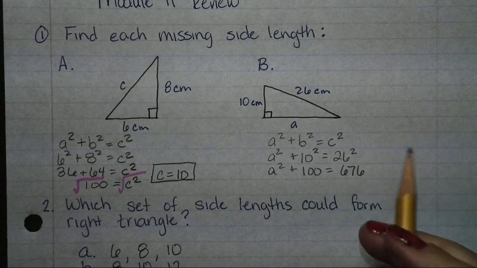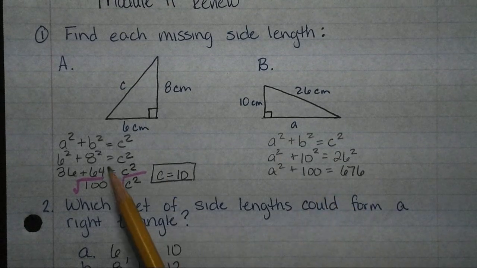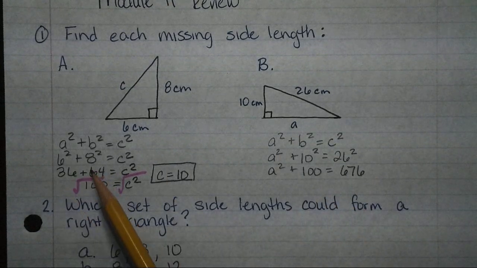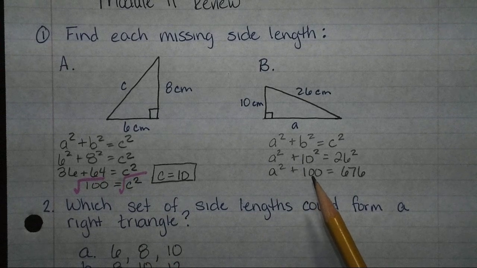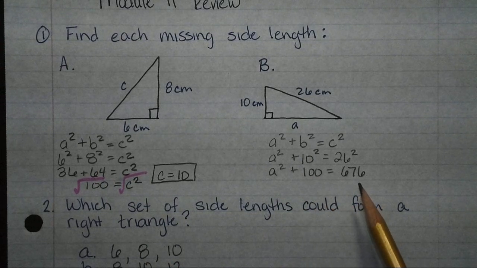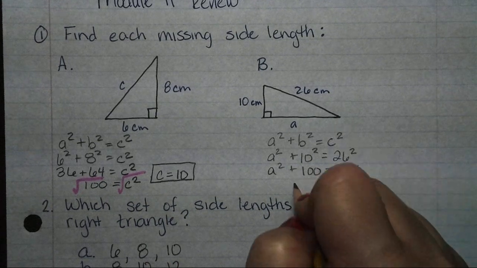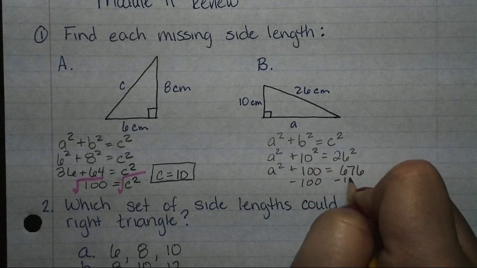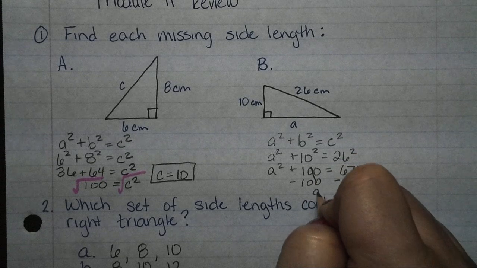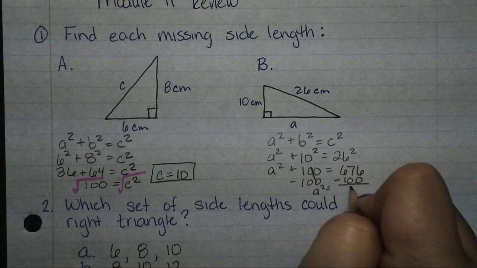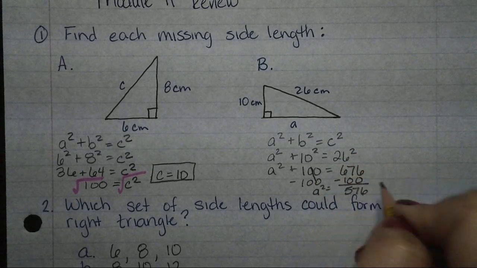676. So the difference between finding a hypotenuse and a leg: when you're finding the hypotenuse, you add the two leg lengths together. When you're finding a leg, you subtract the square of the leg length from the hypotenuse. So we end up with a squared is equal to 576.